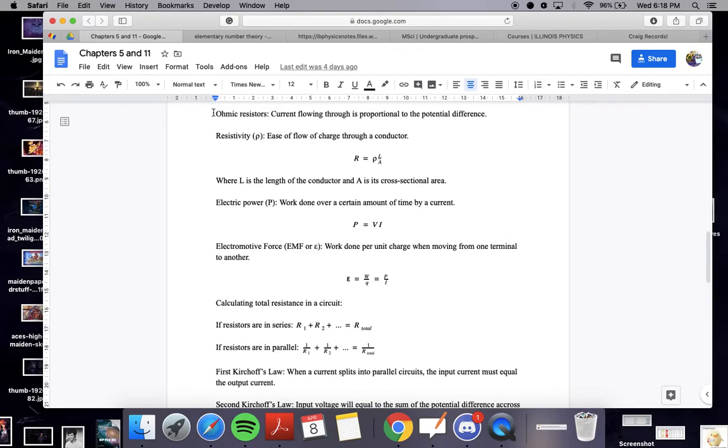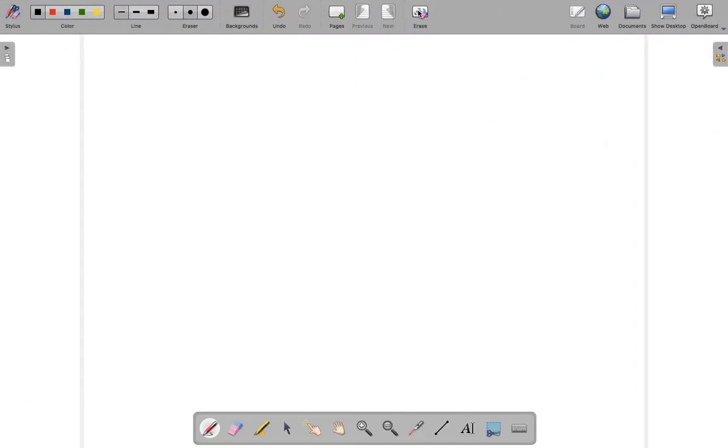Now, we have things known as ohmic resistors. So ohmic resistors refer to the kind of resistors or conductors in which the current flowing is proportional to the potential difference. What this means is, if I have, let's take a bulb this time, I'll just quickly draw a bulb.